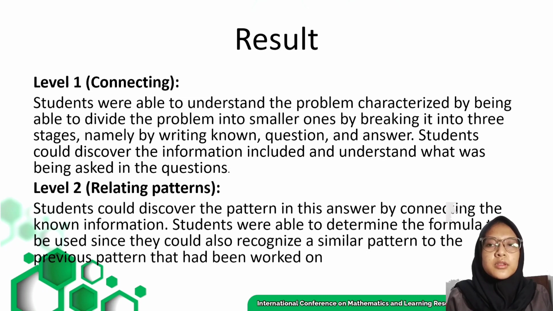Students could discover the information included and understand what was being asked in the question.